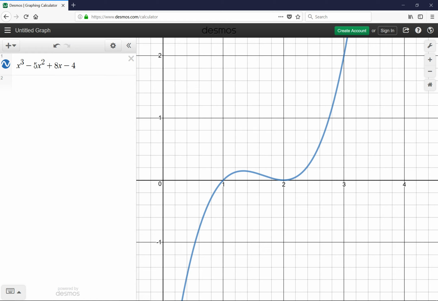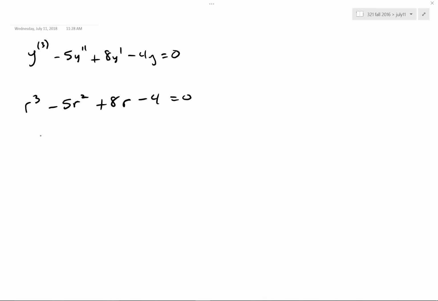So it's a double root here, a single root here. If you could factor this without doing anything else, you are a better person than I, friend. But this would have factored like so, and like so. So I would have got 2, 2, and 1. That's what r would have equaled.